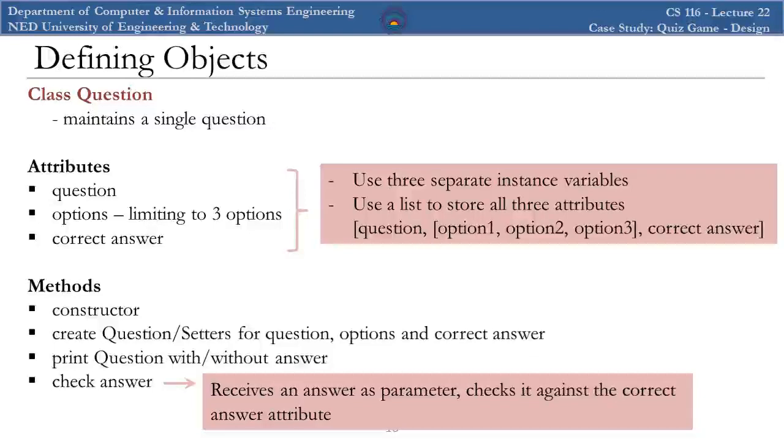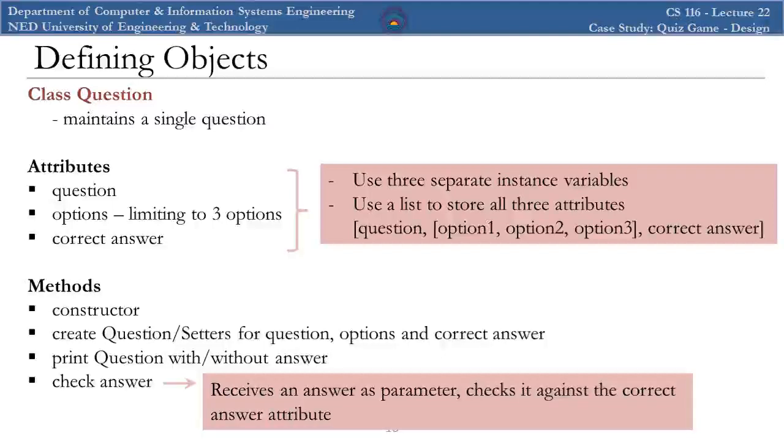Again, these options will be of string type because they are actually the answers to that question, possible answers to that question. And lastly, I'll store the correct answer. Now, for the correct answer, again, I have more than one choice. Like I can store the actual answer here in string form, or I can store the index number from this middle list, option 1, option 2, and option 3. Option 1 is at index 0, option 2 is at index 1, and option 3 is at index 2.